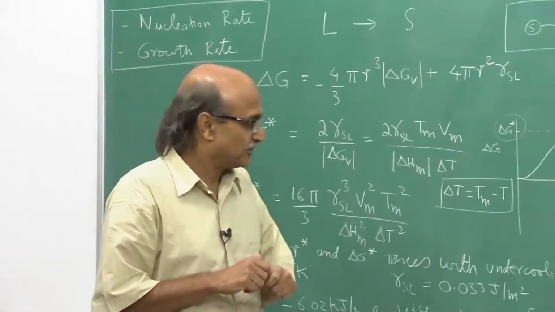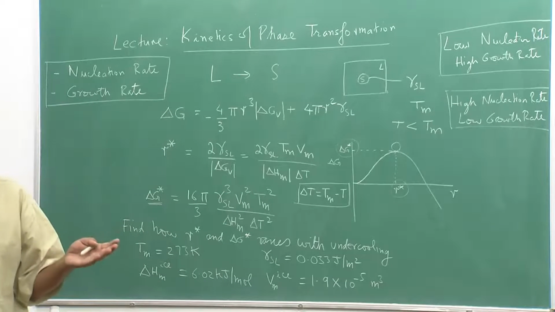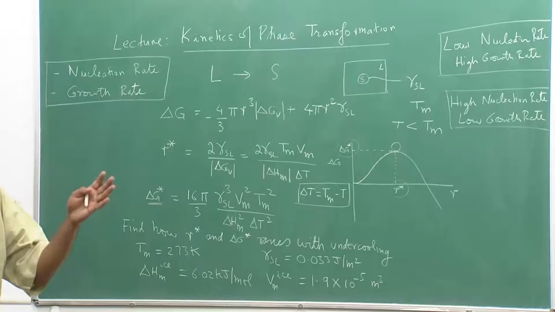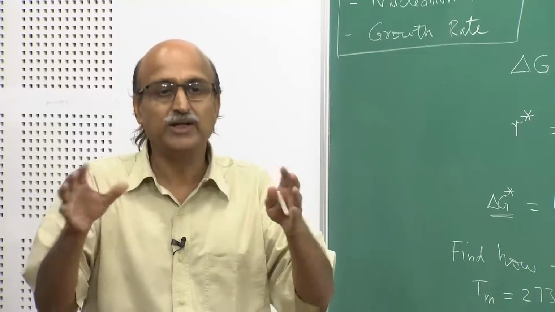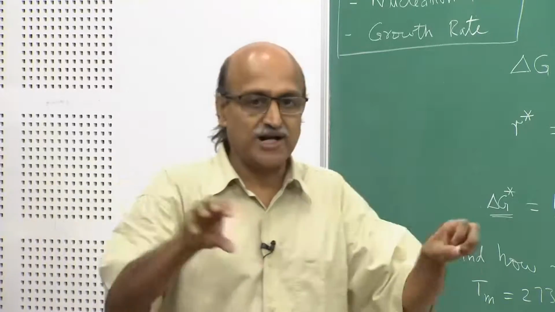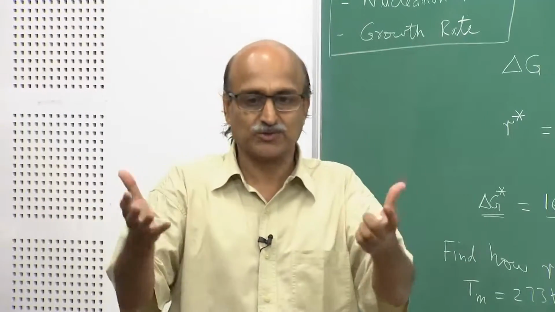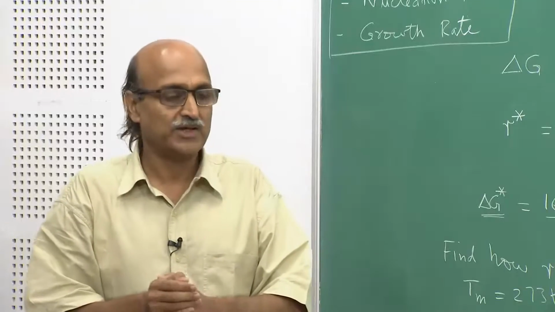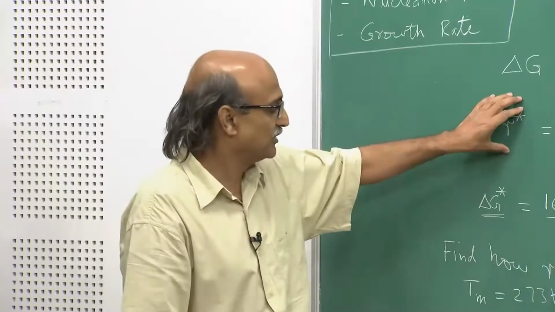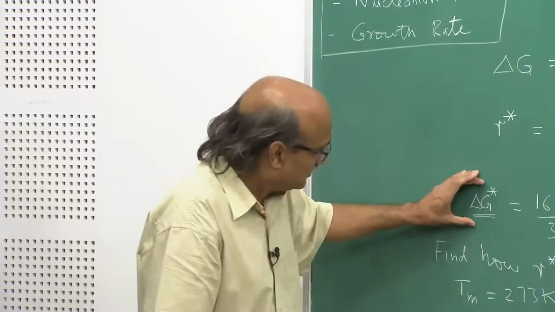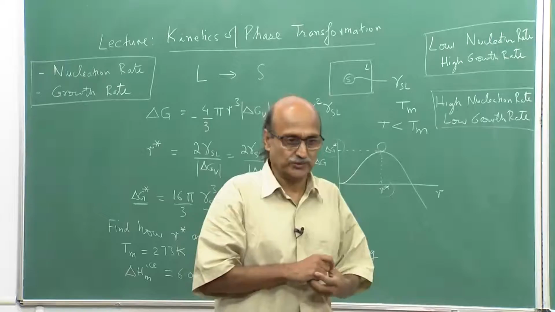So the larger the number of atoms, the more difficult it would be for these atoms or molecules to come together to form a structure, because how is this structure forming? It is forming by the random movement of these molecules, and a nucleus of a certain size forms by chance. So the probability of formation of a nucleus will be determined by how large that nucleus is, or how steep the energy hill is, or how many molecules have to come together to form that nucleus.